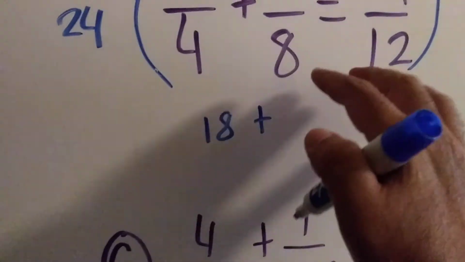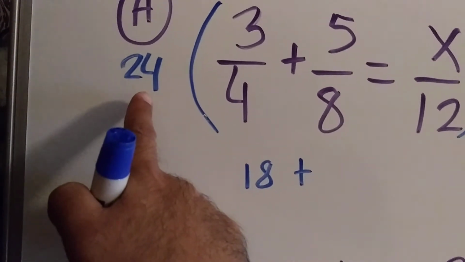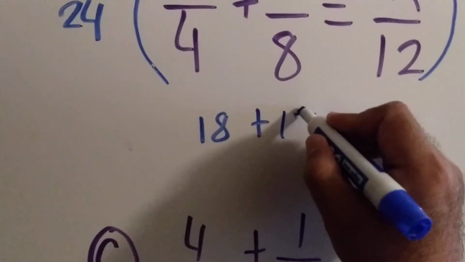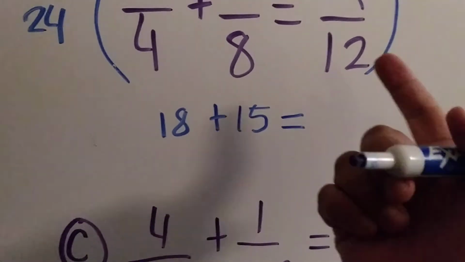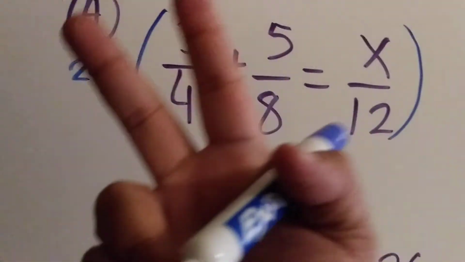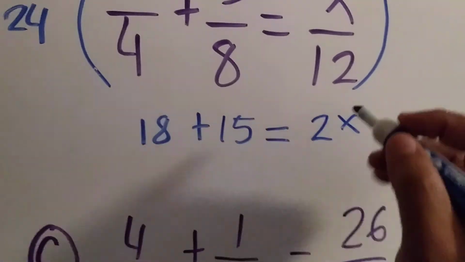So then we have, how many times does 8 fit into 24? It's 3 times, right? So 3 times 5 gives us 15. And then here on the right-hand side, how many times does 12 fit into 24? It's 2, so that 2 times x gives us 2x, and then we just go ahead and proceed in solving that problem.